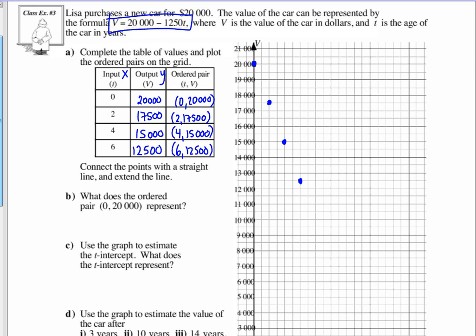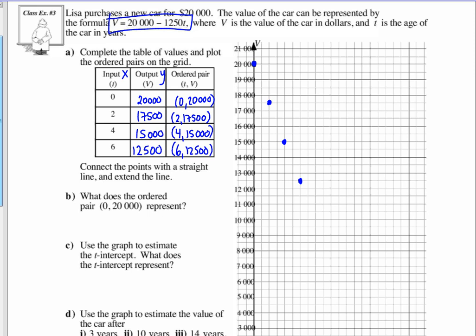It's very hard to extrapolate or interpolate data. We'll talk about what that means. So extend the line. Don't just connect those points. I want you to extend it all the way to the x-axis. Okay, extend that line.